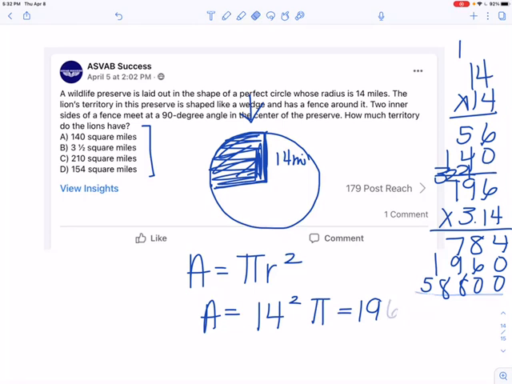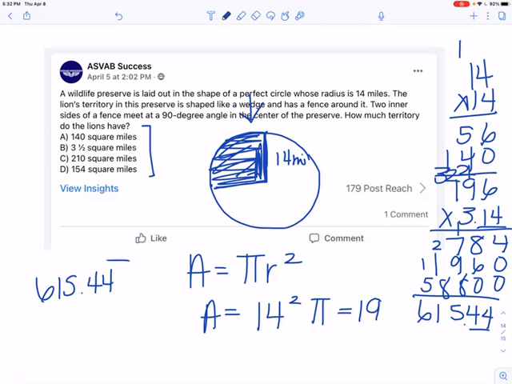Let me make some space there. Okay. So we get 4, 14, this is 10, 25, carry the 2, 11, 6. And there's 2 numbers behind the decimal point. So it's 615.44.